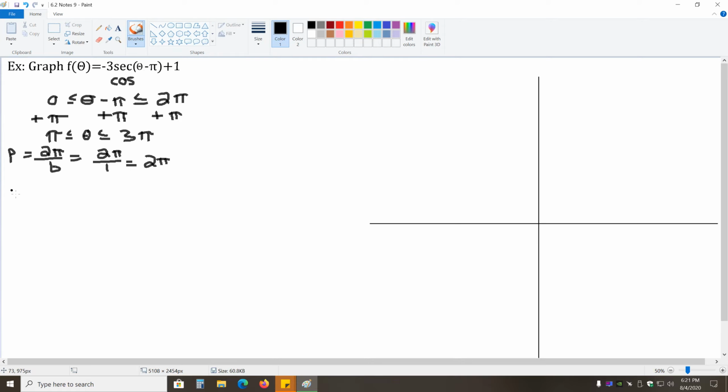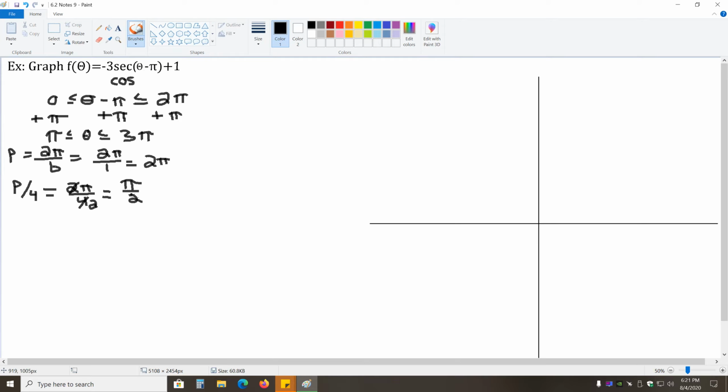So remember, we always take p and divide it by 4, which gives us 2 pi over 4. And when we reduce that, we divide 2 from the top and bottom, leaving us with pi over 2.